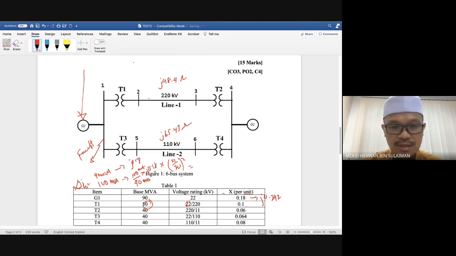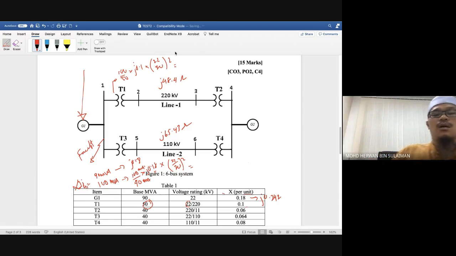So new base 100 bagi dengan old base 50, darabkan dengan nilai asal 0.1, darabkan dengan voltage rating dia ialah 22 bagi dengan 20 square. Kira? Berapa dapat?